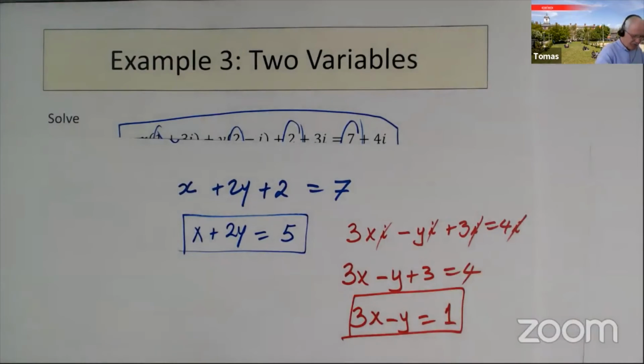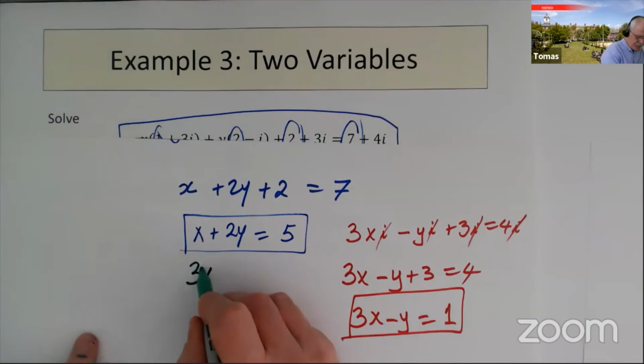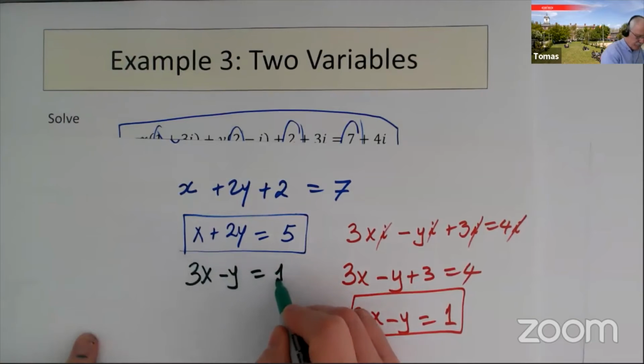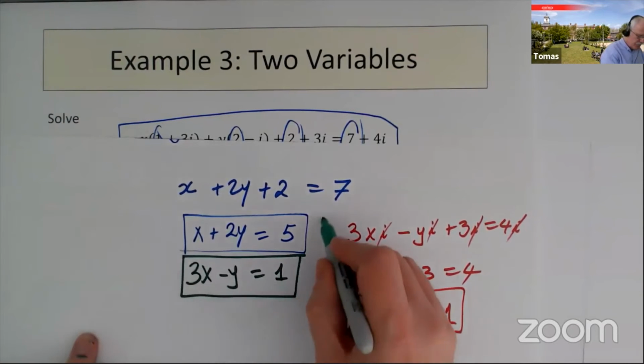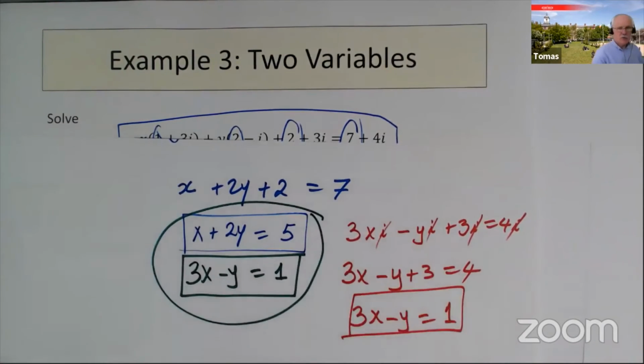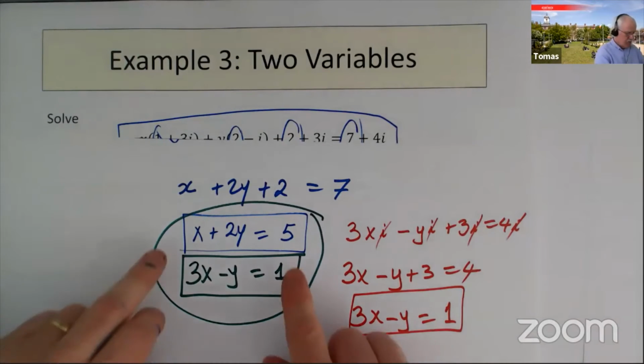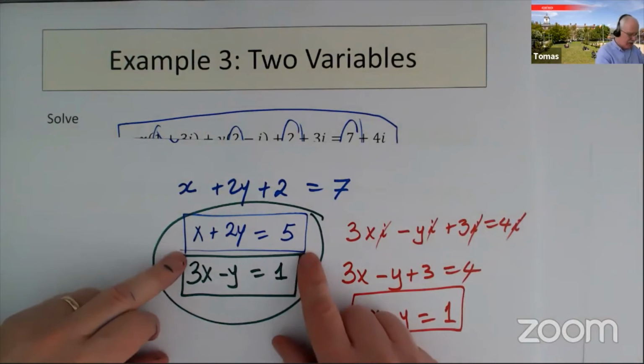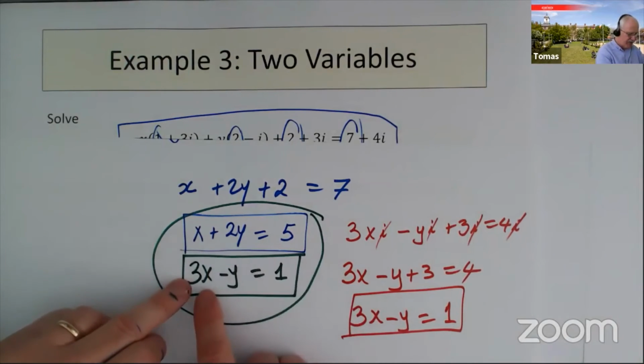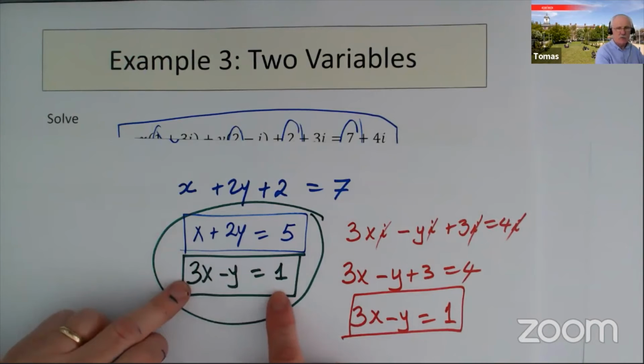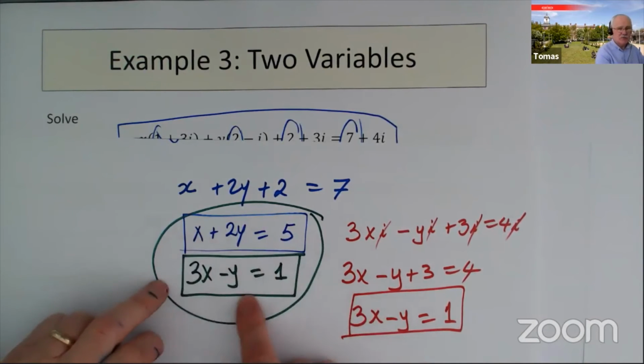So what I've got is two simultaneous equations at the same time. x plus 2y is 5, 3x minus y is 1. Nothing to do with complex numbers anymore.